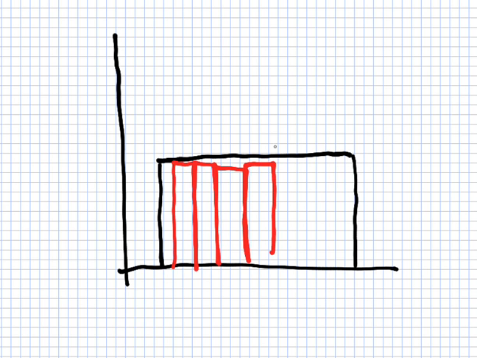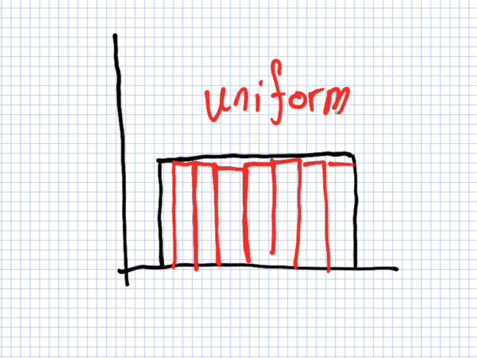Rectangle, not bad, not this also, when all the bars are the same. See, these are all great answers, but none of them are right. Keep going. Uniform. Yeah. Uniform. So this histogram is uniform.